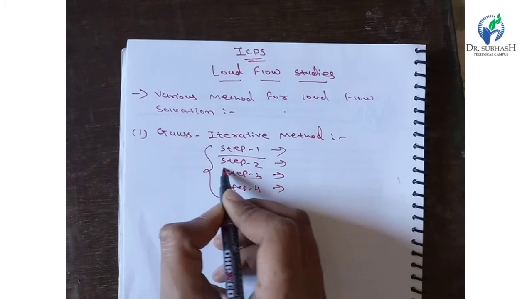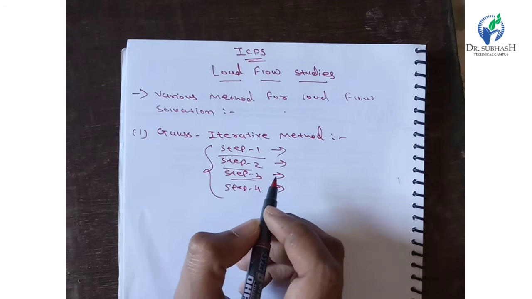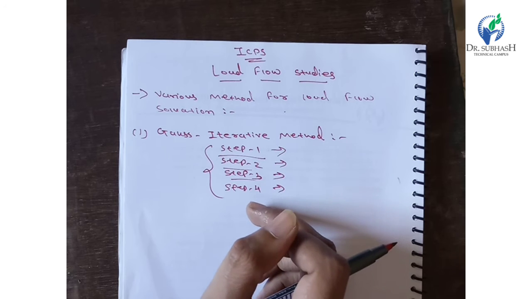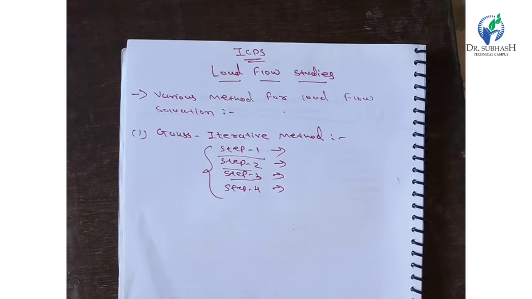The third one: the second estimate is used to find the third estimate. And the fourth one: the process continues until the difference between successive estimates is extremely negligible. So all these four steps are used in the Gauss iterative method.